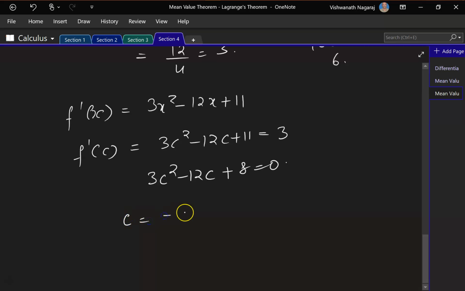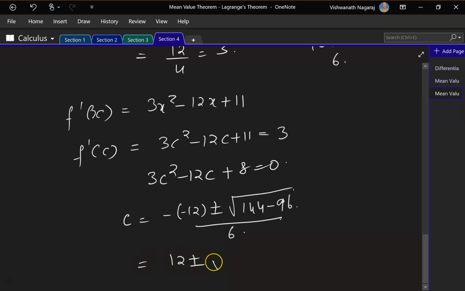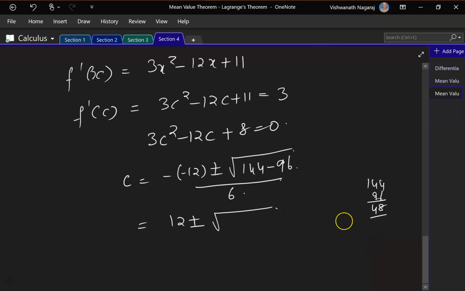c is equal to minus b plus or minus the square root of b square minus 4ac, all divided by 2a. 4 times 3 is 12, 12 times 8 is 96, divided by 2a, so 6. 12 plus or minus the square root of 144 minus 96, which is 48.